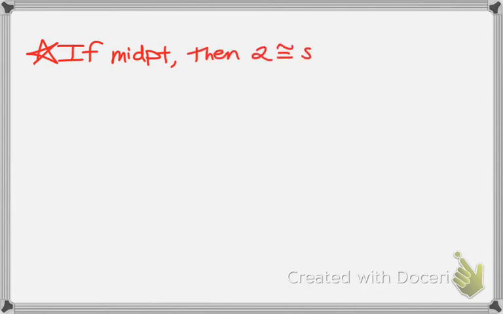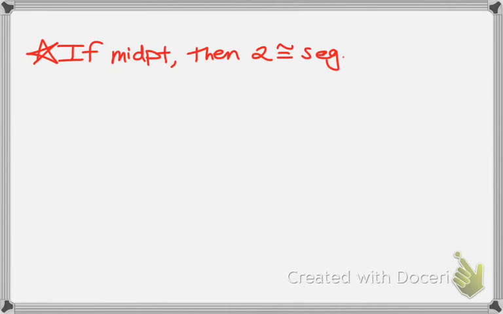H is a midpoint of... Good. If a midpoint, then you end up with two congruent segments. If that's not on your blue sheet of paper, you're going to want to put it on there. So check to make sure it is on there.